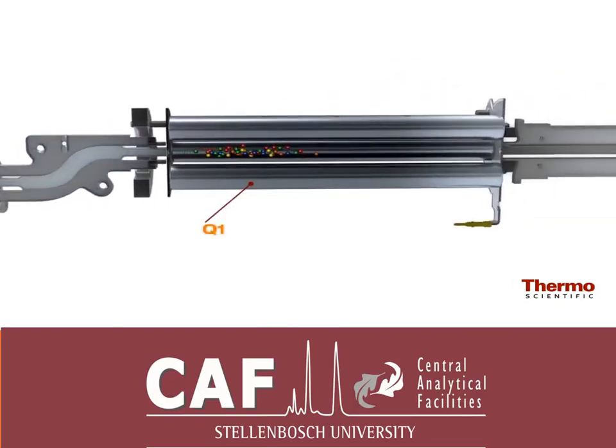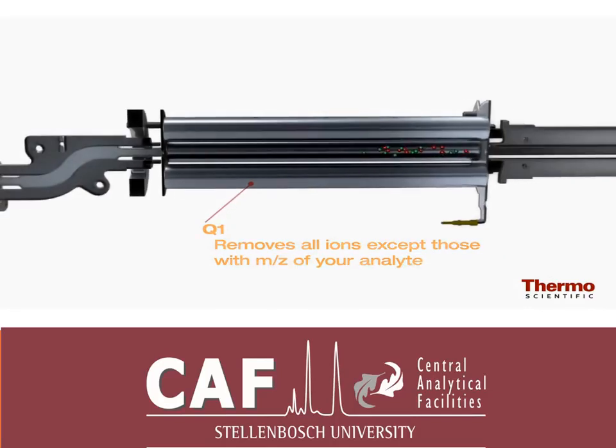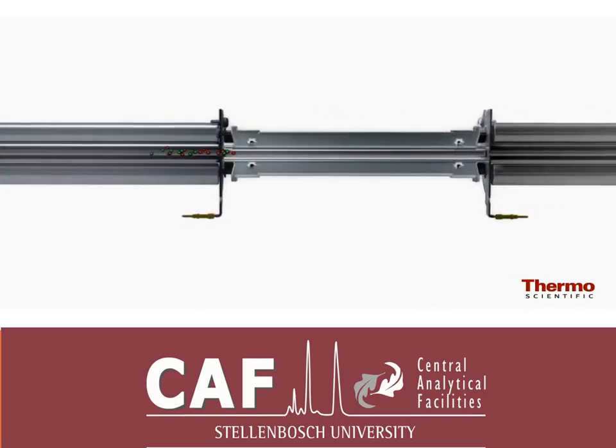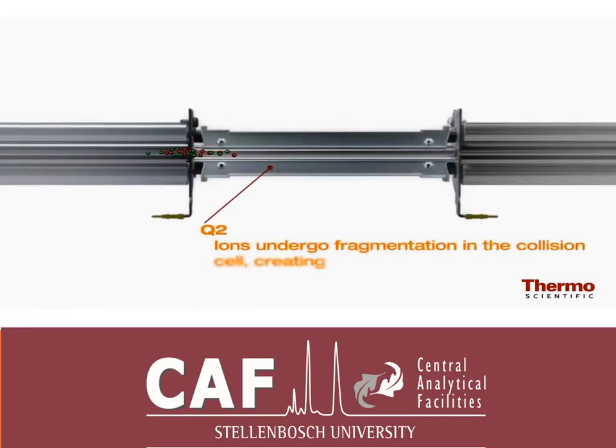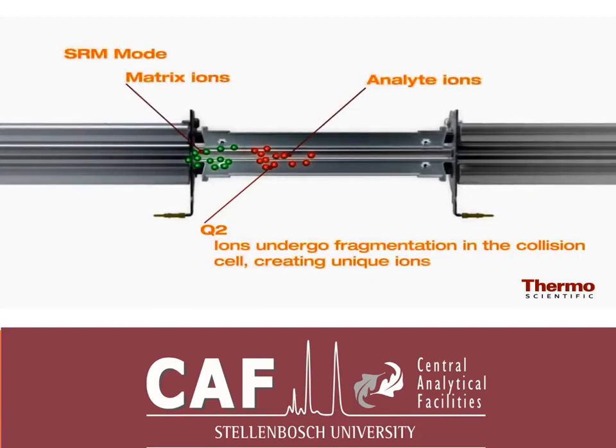As with a single quadrupole GCMS system, the first quadrupole will eliminate all ions except for the ones with the mass-to-charge ratio of your analyte. However, if a matrix ion of the same mass coelutes with your target, a single quadrupole system cannot differentiate the two.